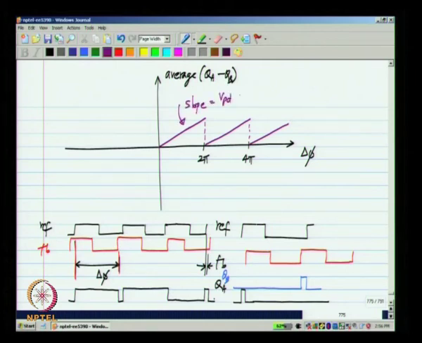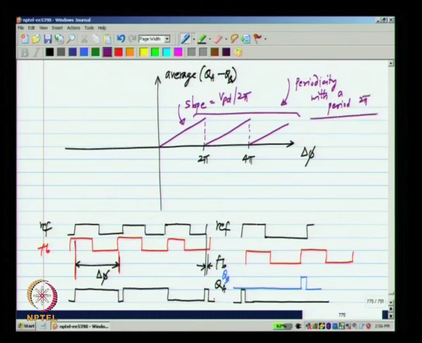The slope here and everywhere will be Vpd by 2 pi, and you will have this periodicity with a period 2 pi.